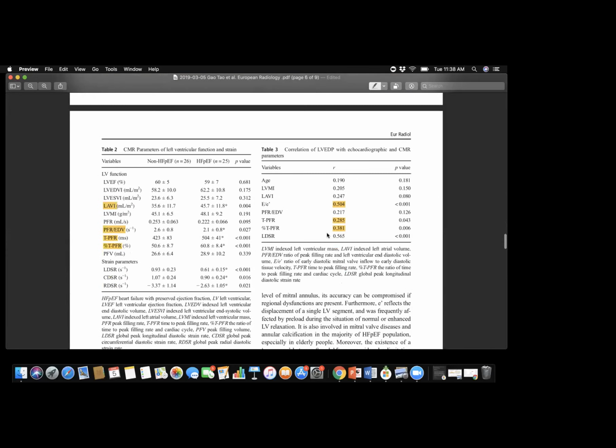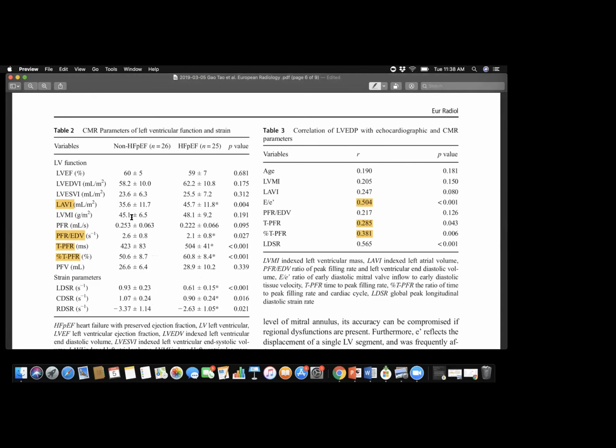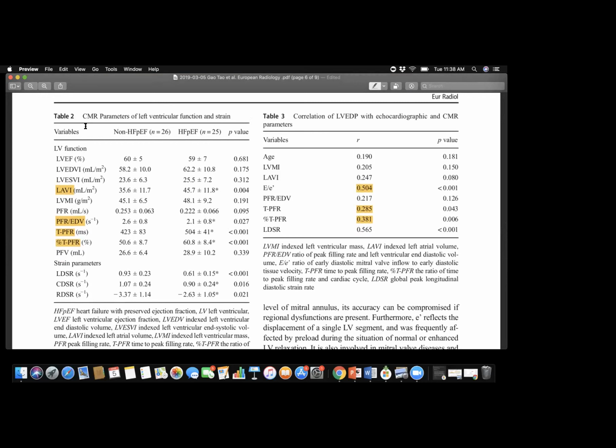When we go to table 2 and 3, these are the results of the CMR parameters. In table 2, you can see, again, non-HFpEF patients in comparison with the HFpEF patients. The PFR, which is indexed to EDV, was lower in the HFpEF group, significantly lower. The time to PFR was higher, and the percentage time to PFR was higher.